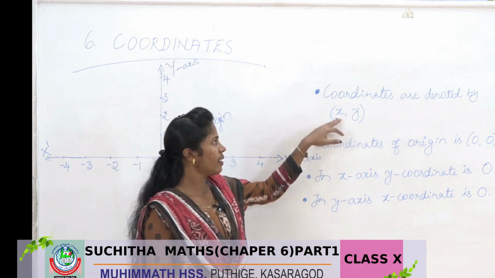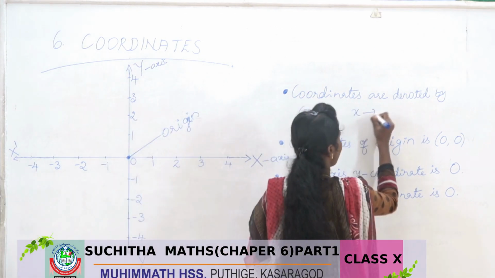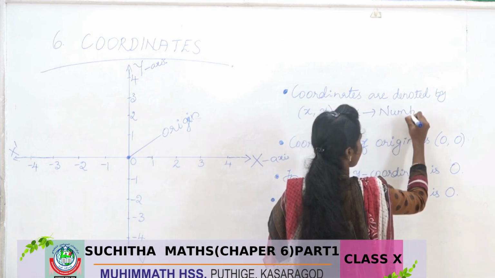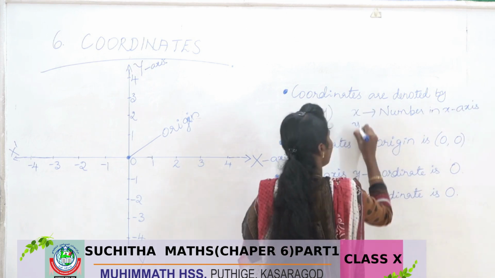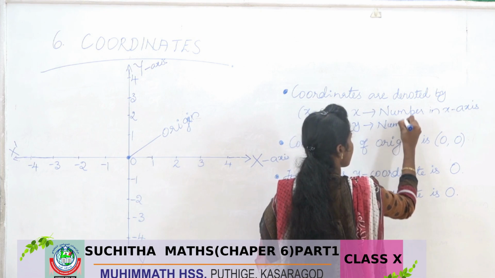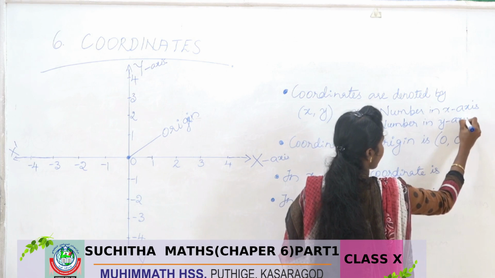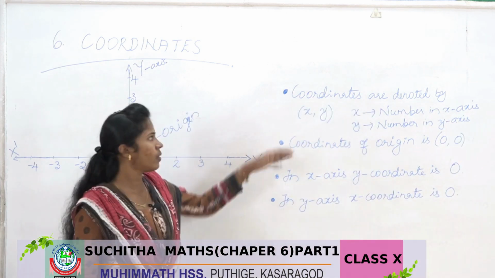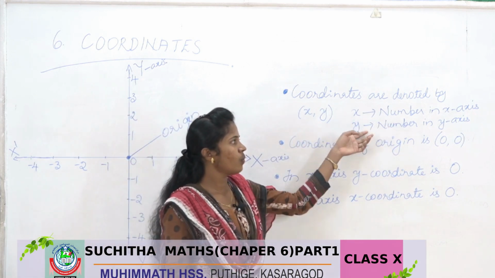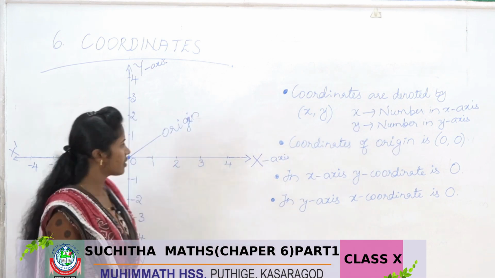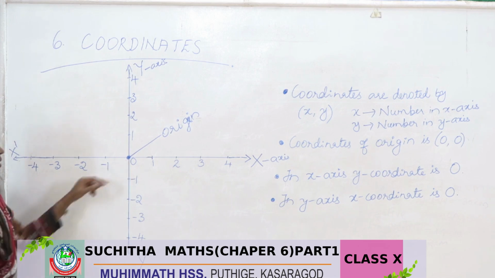X denotes the number on the x-axis, and y denotes the number on the y-axis. And this is the origin, and the coordinate of the origin is 0, 0.